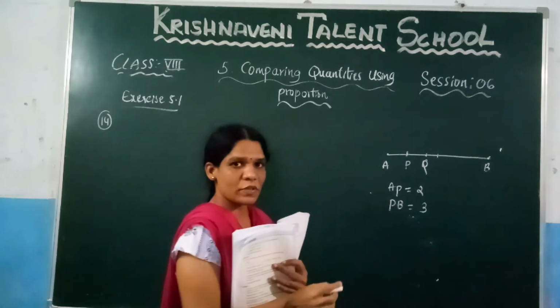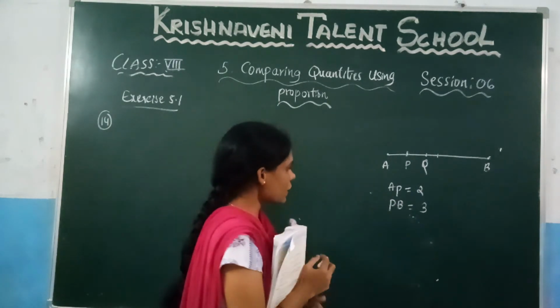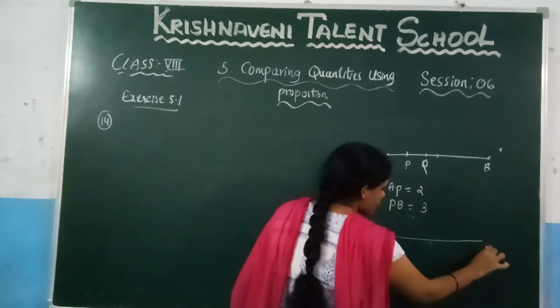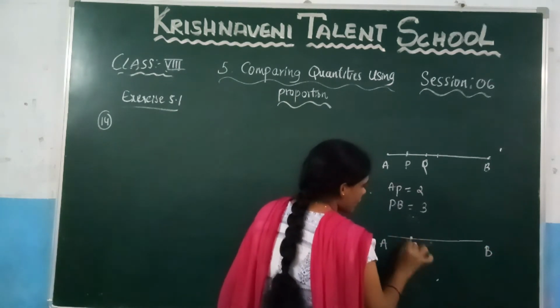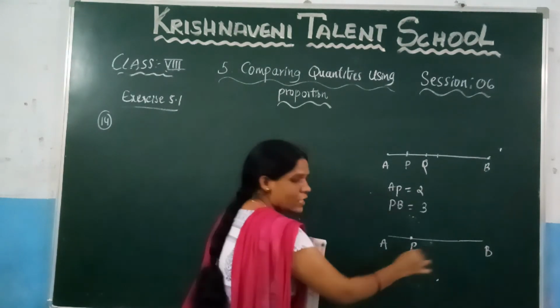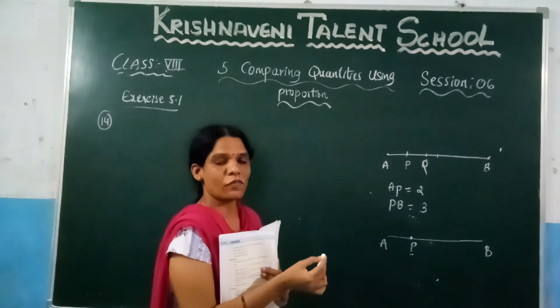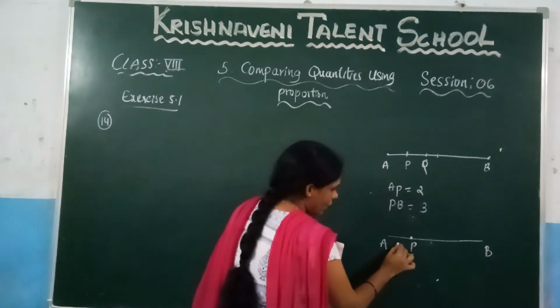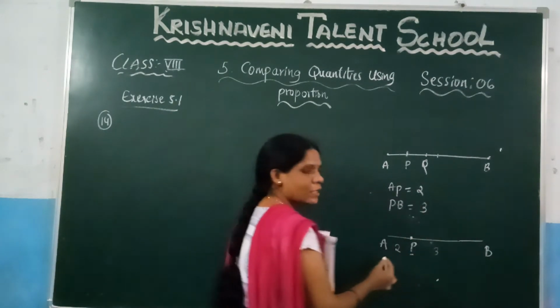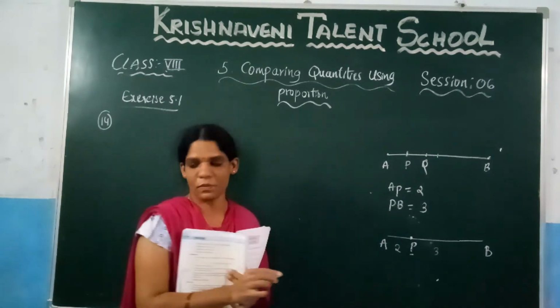That is the meaning of this one, because if I draw separately, like this is A and this is B, consider this point as P. P divides this line segment in the ratio of 2:3. That means this length is 2 and this length is 3. That is the meaning of this statement.